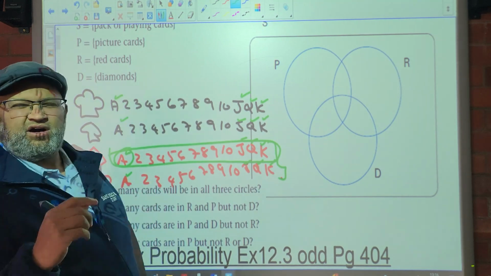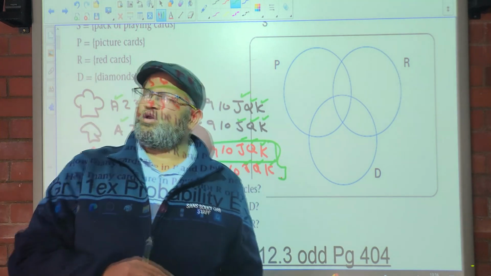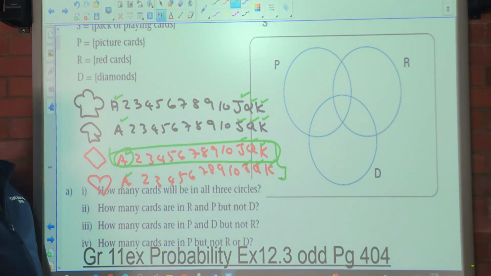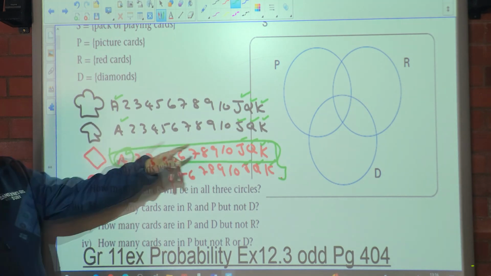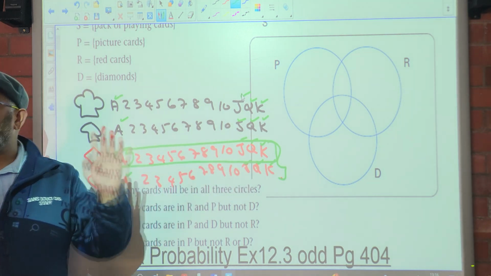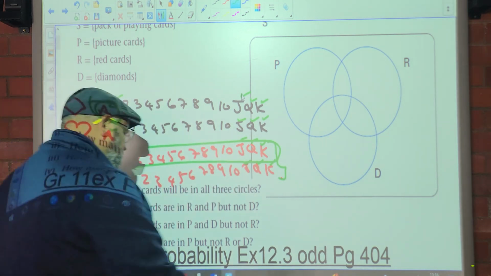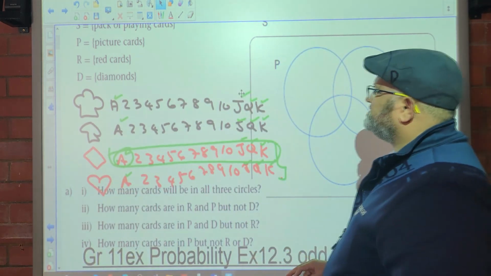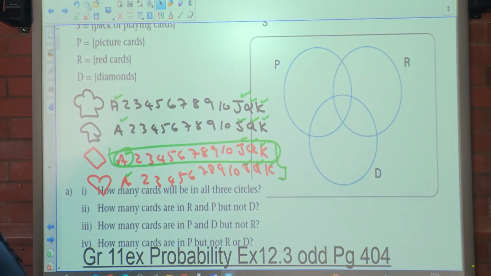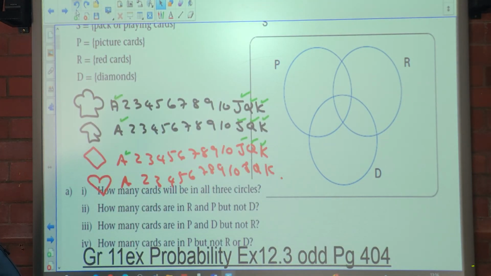So the cards that adhere to all of the conditions are only 4 of them. It's a picture card, it's a diamond card, and it's red. So for all 3 conditions to be met, there are 4 of those cards. You guys understand? Where would that 4 go? It will go in the middle.